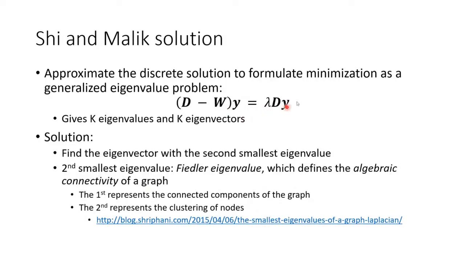That's basically what the solution is. And why does it work? You have to solve this set of equations and choose the eigenvector with the second smallest eigenvalue, and that's basically it for the graph cut algorithm.